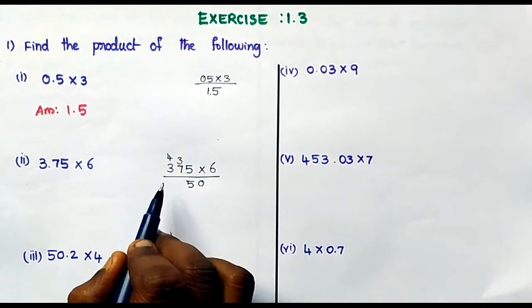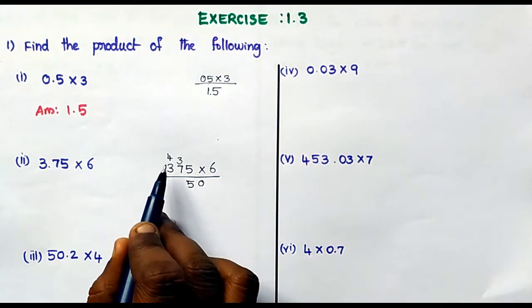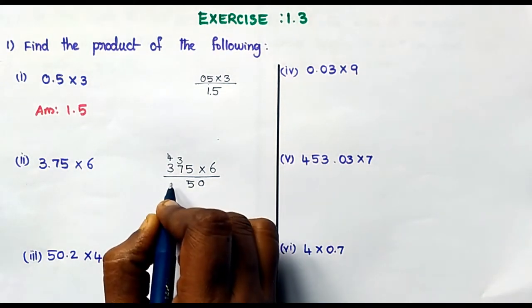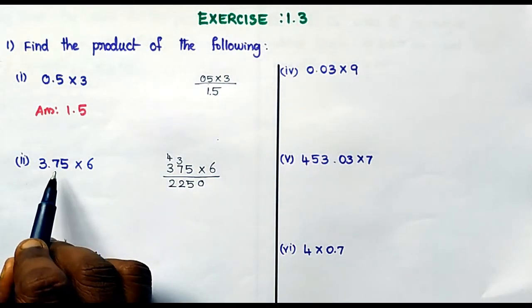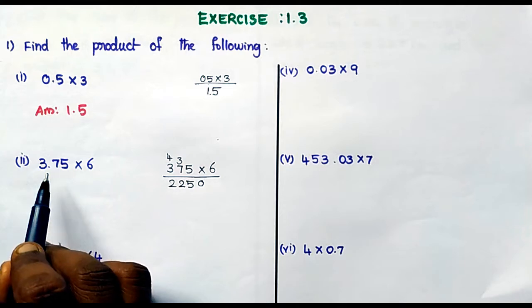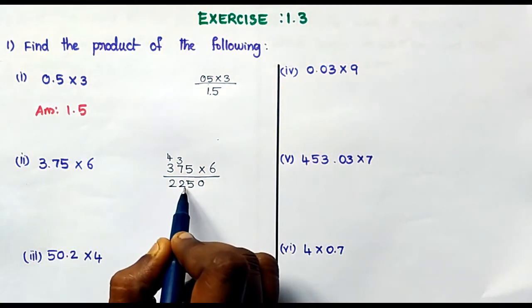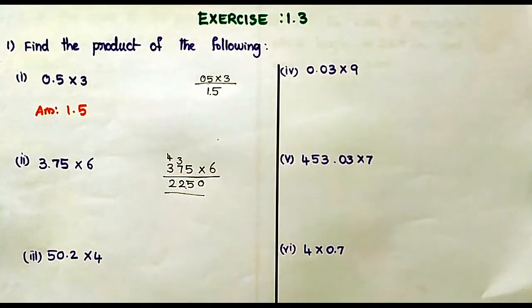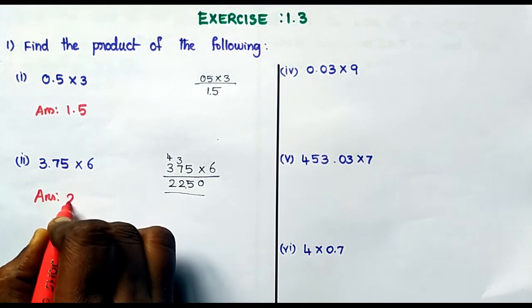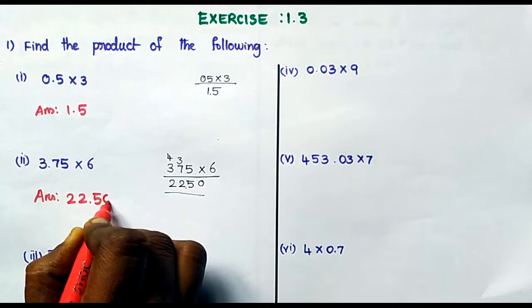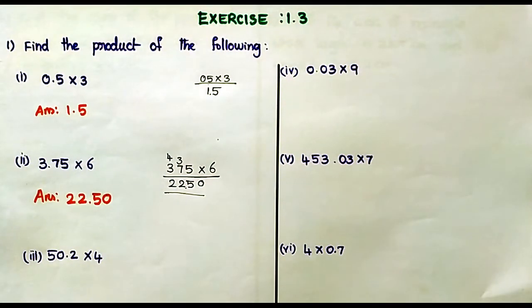Carry over 4. 3 6s are 18 plus 4, 22. Here 2 digits before, we have to keep the point. So answer 22.50.